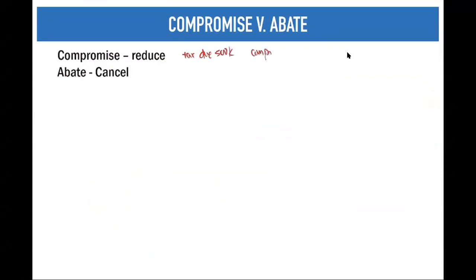When we say compromise, it will be reduced to a certain amount, let's say reduced to 200,000. If that is abate, you have no tax due anymore. You will cancel the tax due. The question is when to compromise and when to abate.